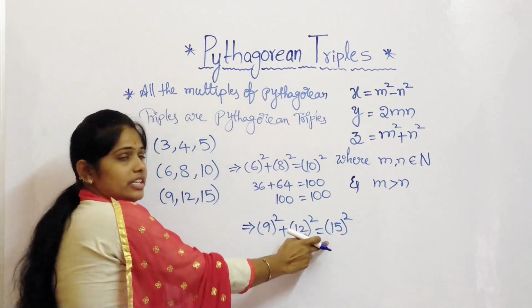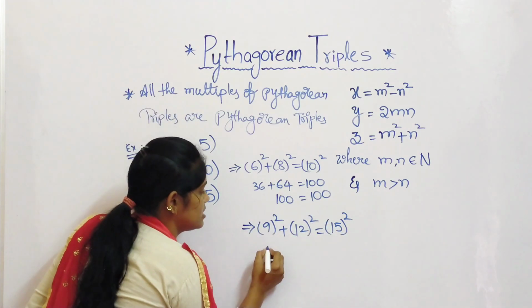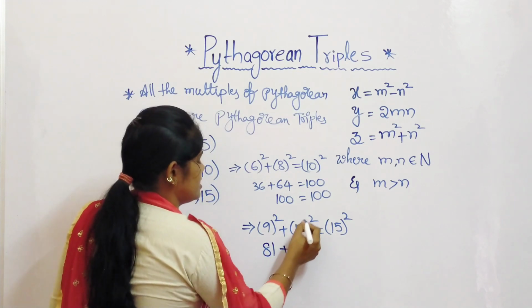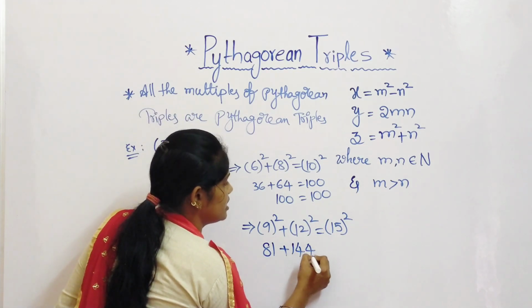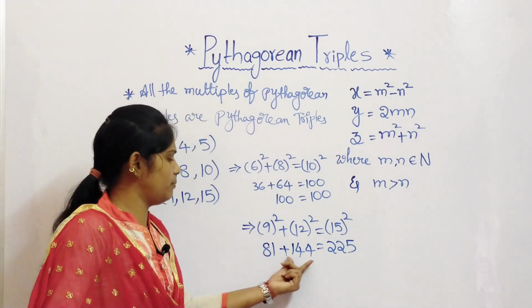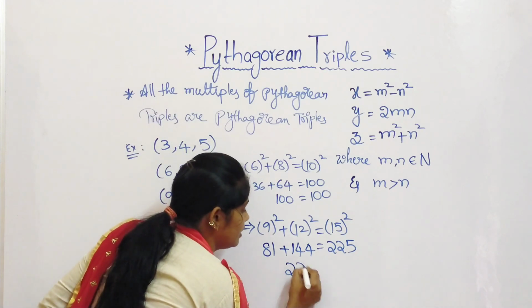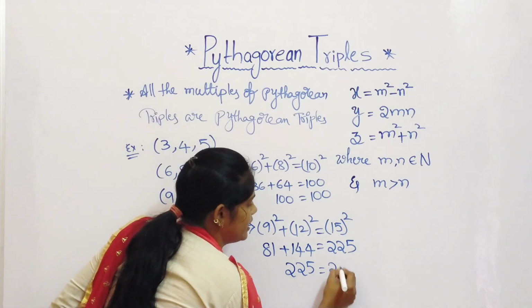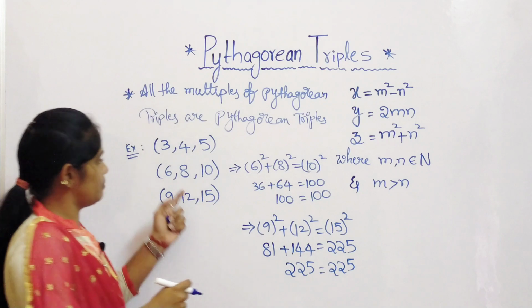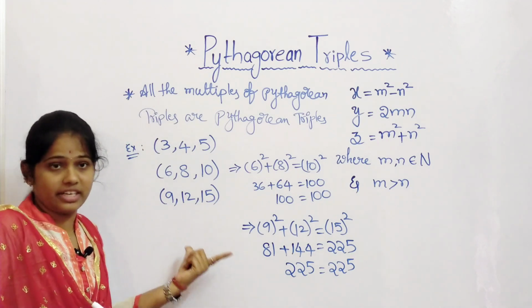That is, x square plus y square is equal to z square, the condition should be satisfied. 9 square is 81 plus 12 square is 144 is equal to 15 square is 225. So 225 is equal to 225. So this is the process by which we can easily remember the Pythagorean triples.